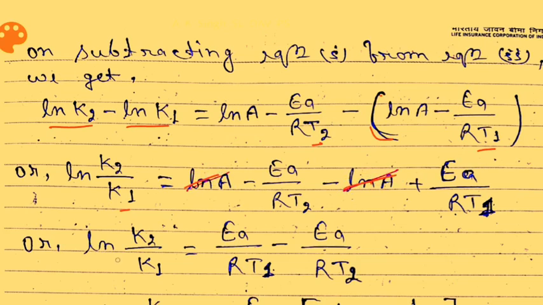Now ln K2 by K1 is equal to, write at first positive term, that is EA by RT1 minus EA by RT2. So log on base E K2 by K1 is equal to EA by RT1 minus EA by RT2.